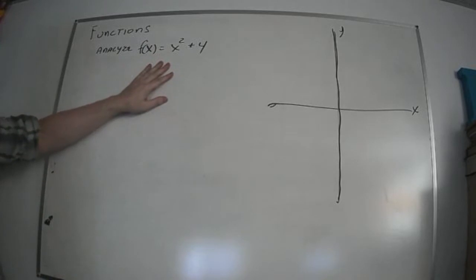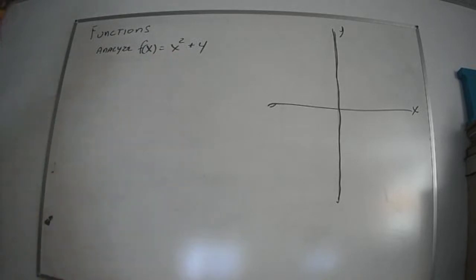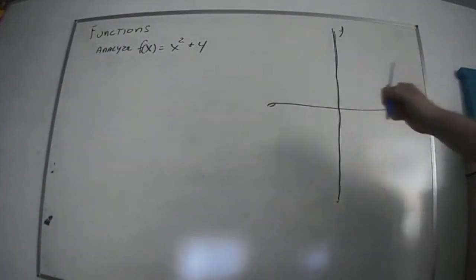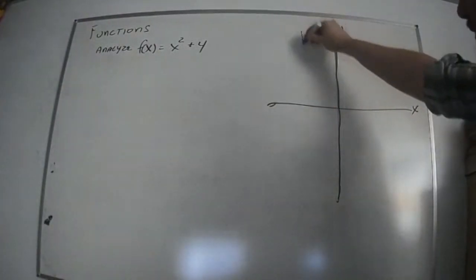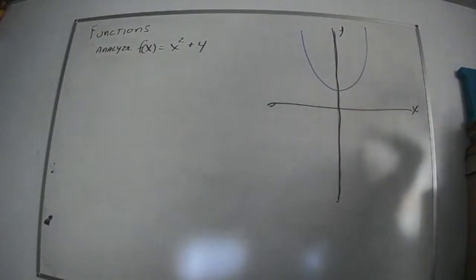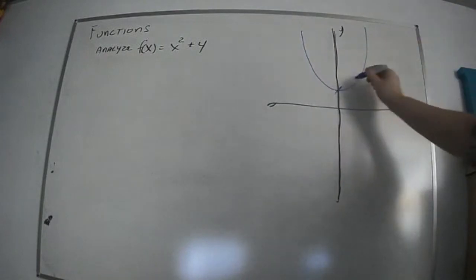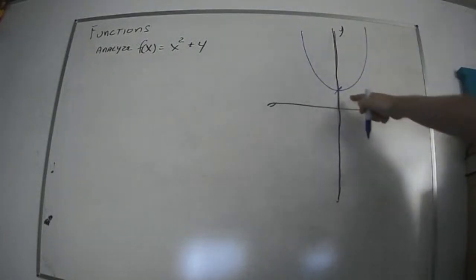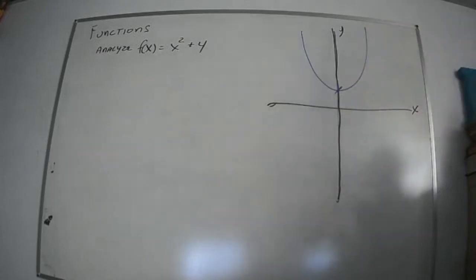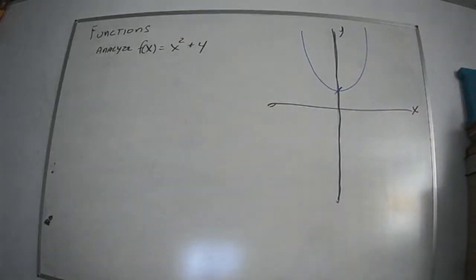And by a function, I mean if I were to graph this, it would look like this. It is a parabola that crosses the y-axis here at 4.